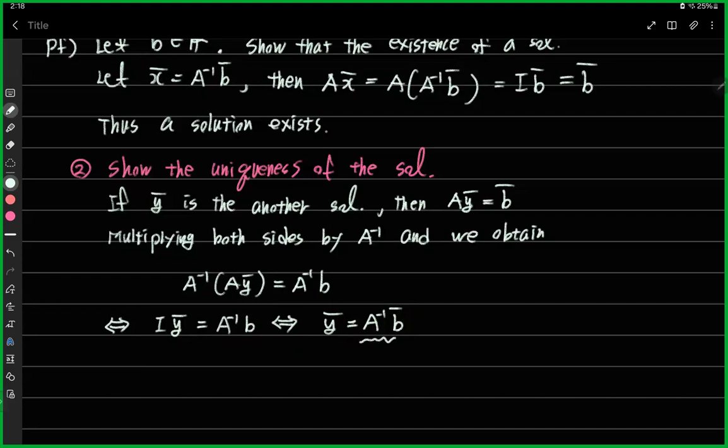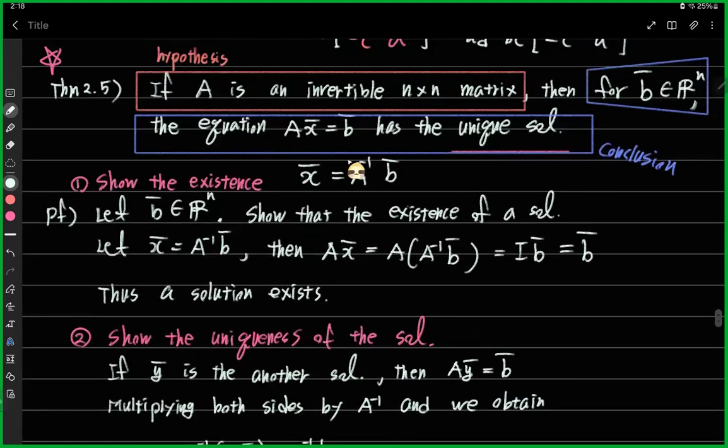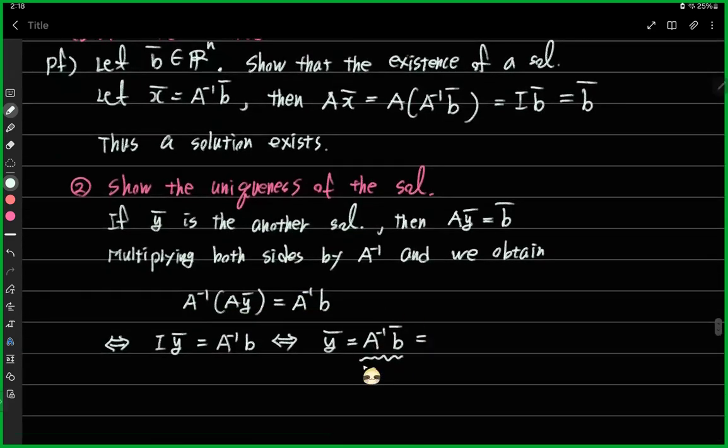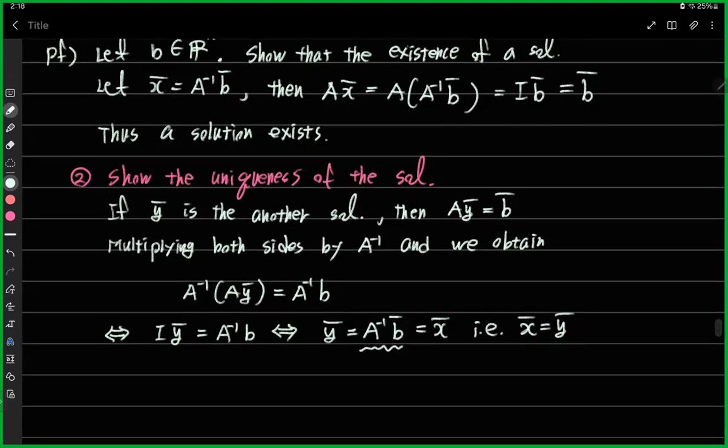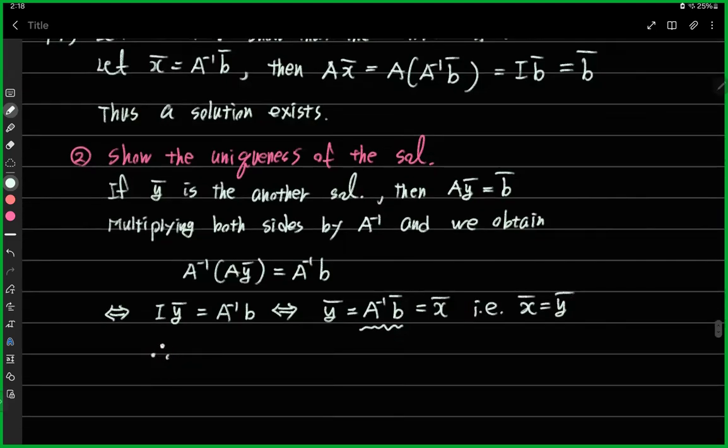But what is this equal to? Look at the conclusion of Theorem 2.5. X bar is A inverse B bar. So this is exactly the same as X bar. So we got X bar is equal to Y bar. Thus, the system has a unique solution.